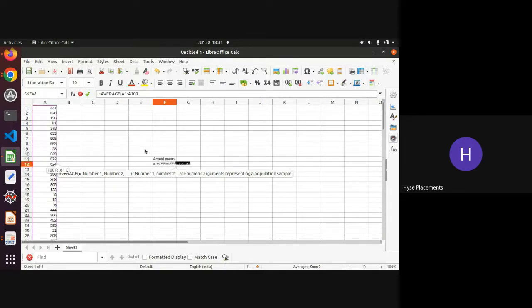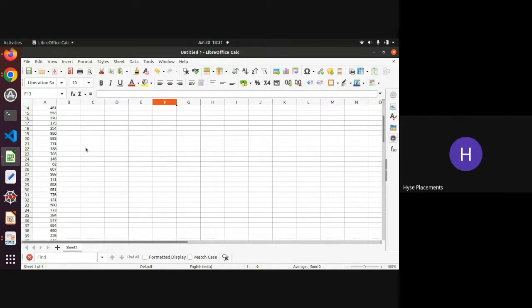If I calculate the average, I got 512.16. Oh, are the values changing? No, the values are not changing. So we have calculated the actual mean.